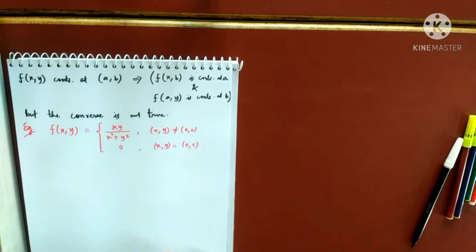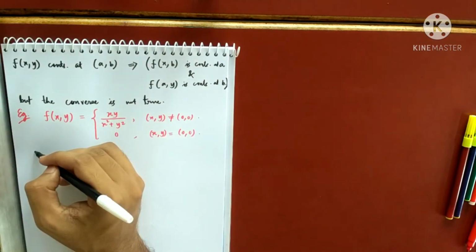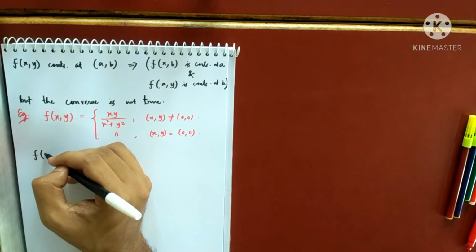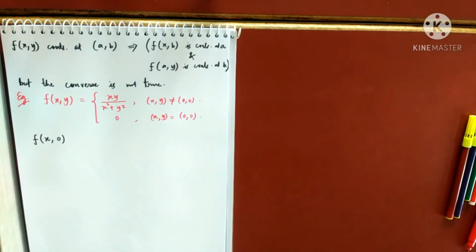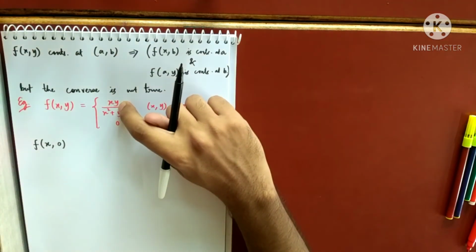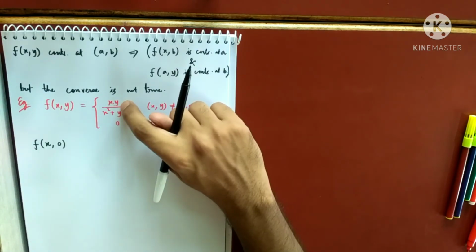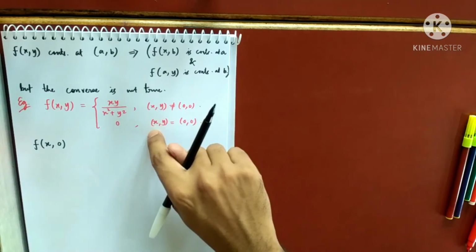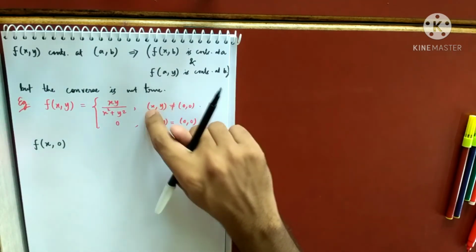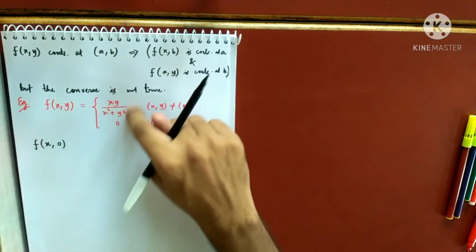Look at this function. Let us find f(x, 0). That means instead of y I am putting 0. I can put 0 here instead of y, because when both x and y are 0, it is 0, and when only one of them is 0, the condition is also satisfied.